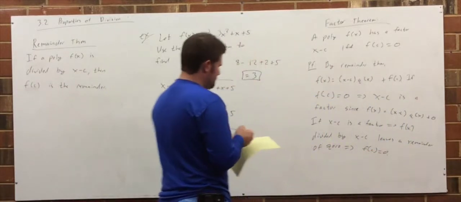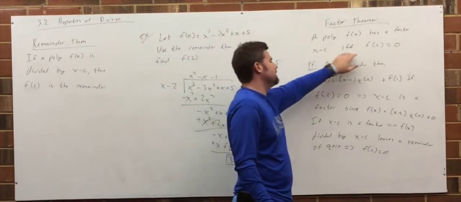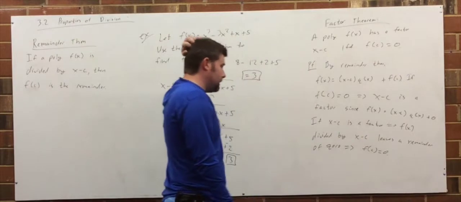Alright? So, factor theorem says a polynomial f of x has a factor x minus c if and only if f of c equals 0.